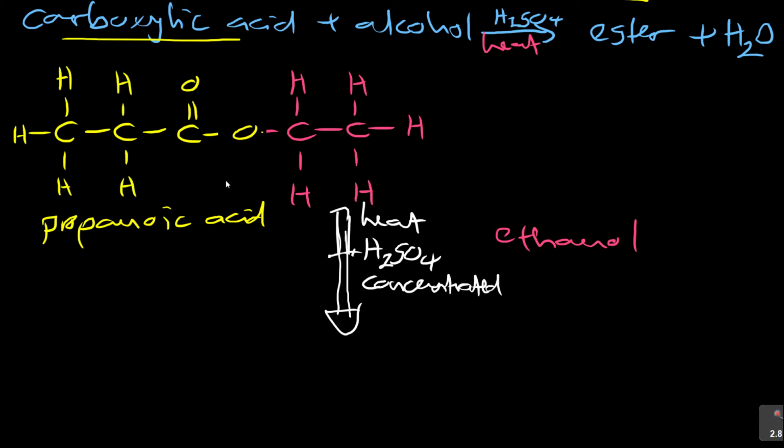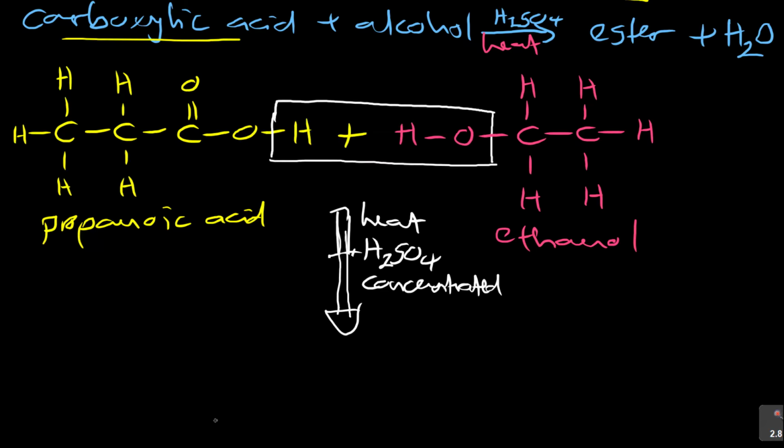That becomes the what? The ester. And then I will give the name of that ester at the end. But that is exactly what you do. You take out the water, you bring the bond whereby there is a bond that is formed like that. So let's do it properly. So what we are saying is you are going to form in here the C, H, H, H, C, H. This is from the propanoic side.